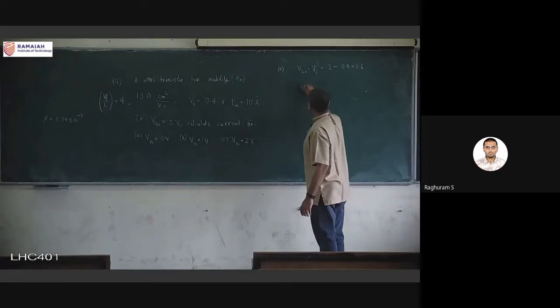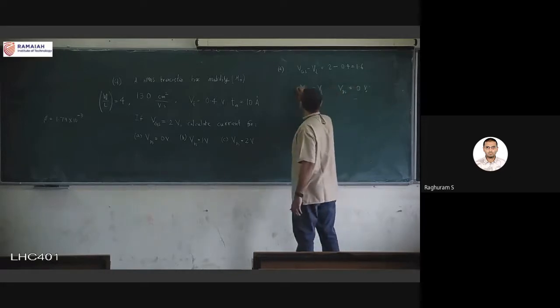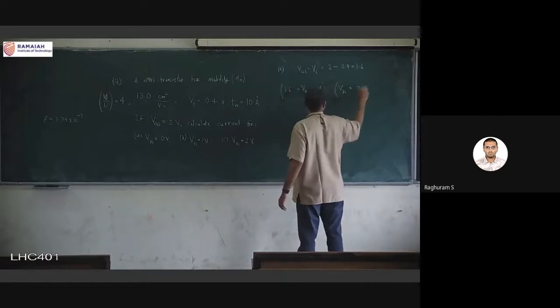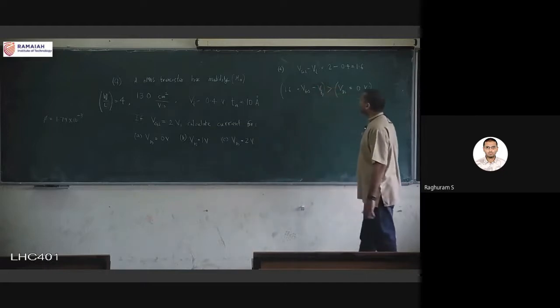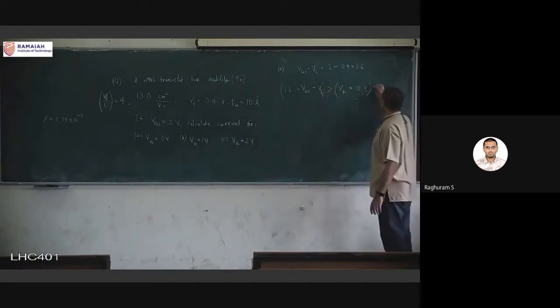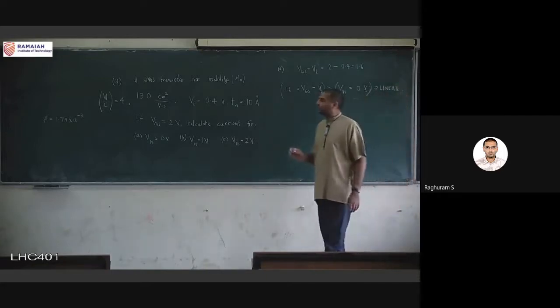So first I am getting 1.6. So VGS minus VT compared with VDS, definitely 1.6 is greater than 0, which means that the transistor is in the linear region of operation.